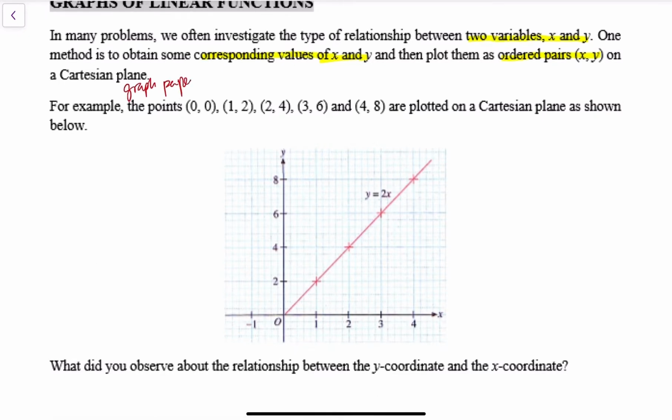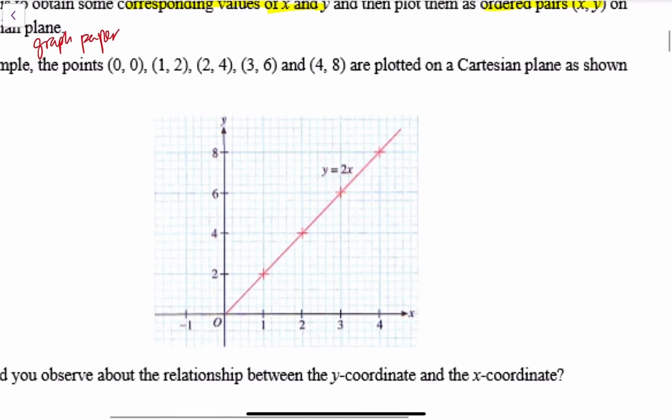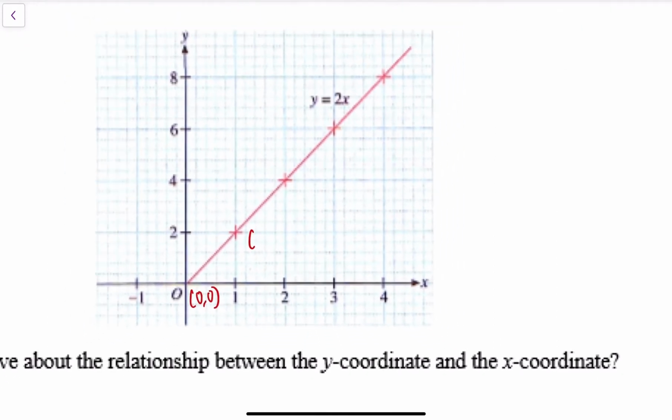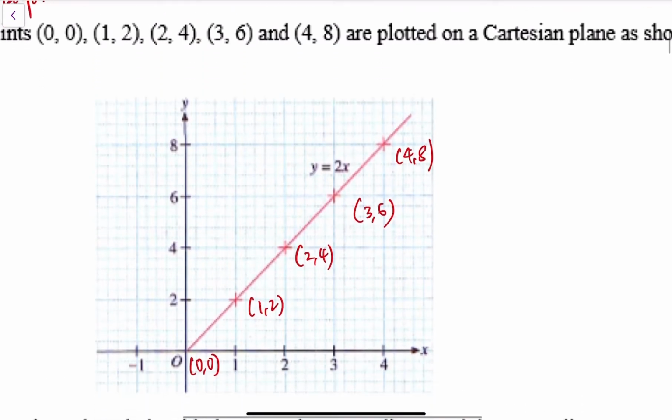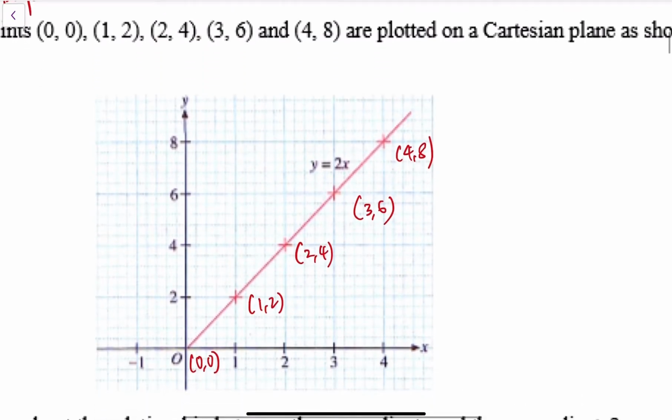Okay, so for example, what you see here is 0, 0. Okay, this is 0, 0. This, you write down together with me. Okay, these coordinates are 1, 2, 2, 4, 3, 6, and 4, 8. So these are some of the coordinates that are plotted on the Cartesian plane.